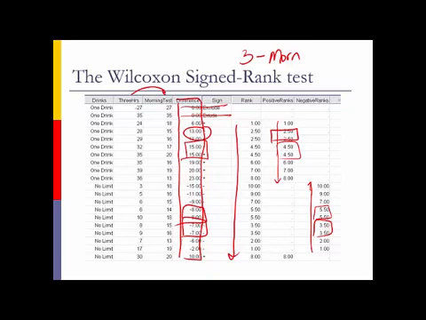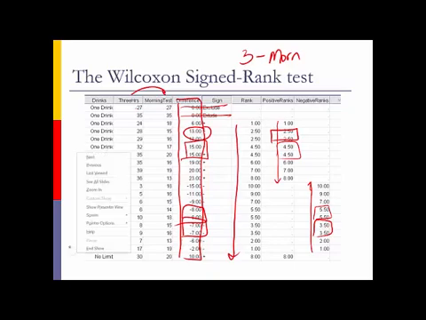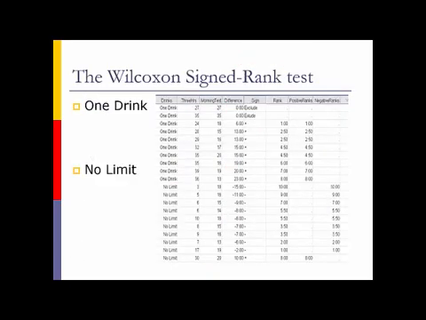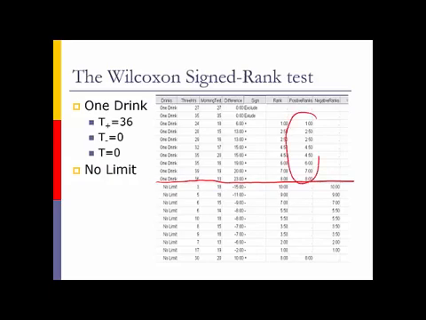All right, so then the next thing we're going to do is sum up the positive ranks and the negative ranks. So if we're looking at the one drink data, the number of positive ranks, we're going to sum that together. It was a total of 36. We do not have any negative ranks with one drink, so T negative is 0.